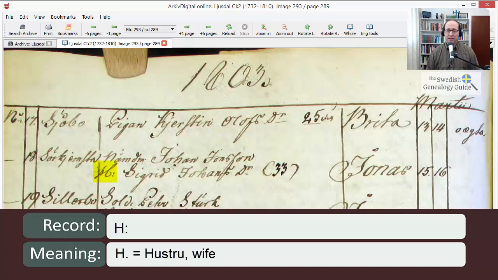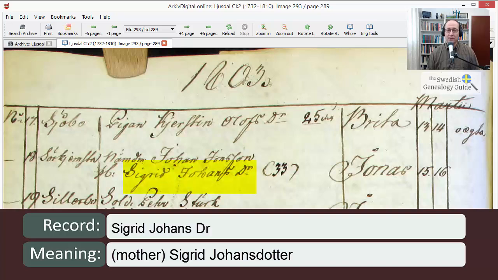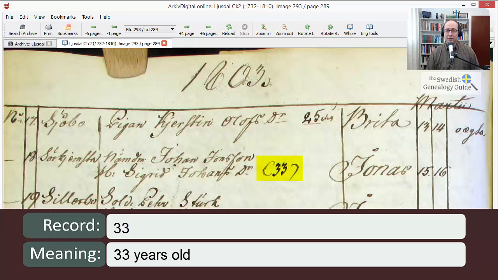This letter H stands for the word hustru, which means wife. And her name is Sigrid Johansdotter. And she is 33 years old. The next column shows that the child's name is Jonas. And he was born on March 15th and was christened on the 16th.